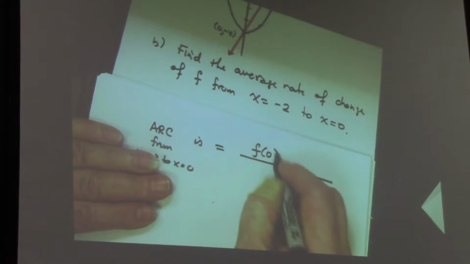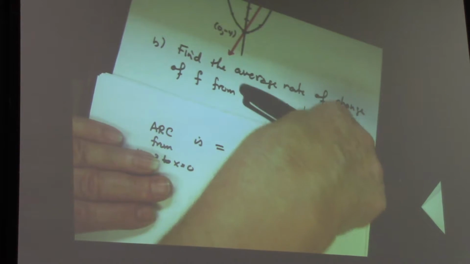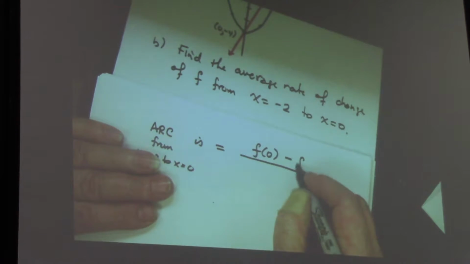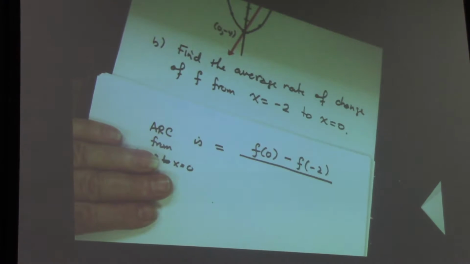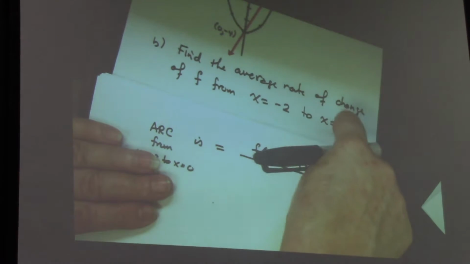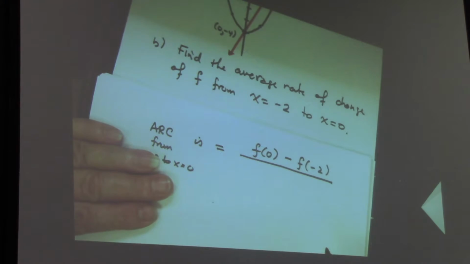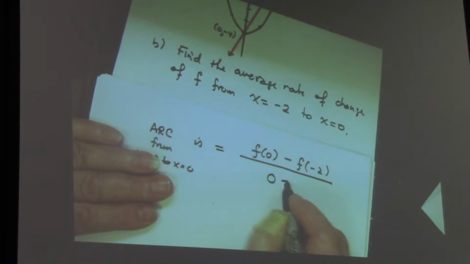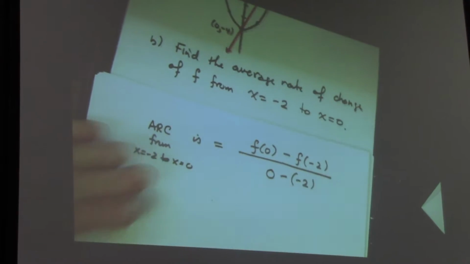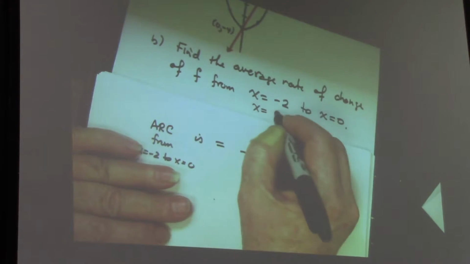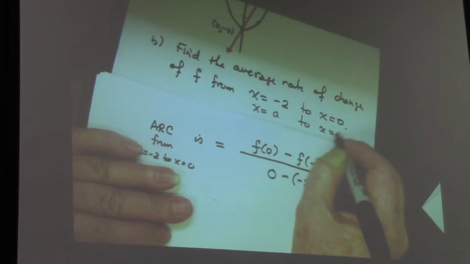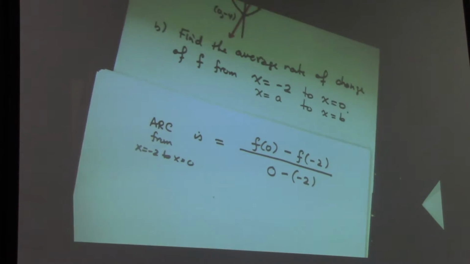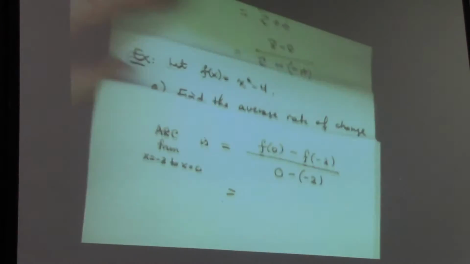So f of 0, f of the number after the 2, f of 0 minus f of -2, f of B minus f of A over B, 0, minus A, -2. Okay? So this is your A. This is your B. And it's always f of B minus f of A over B minus A. All right, now we still got a function somewhere.